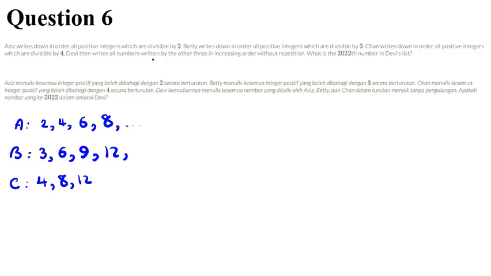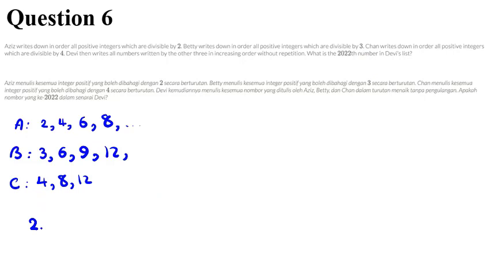Devil then writes all numbers written by the other 3 in increasing order, which means without repetition. What is the 2022nd number in Devil's list?